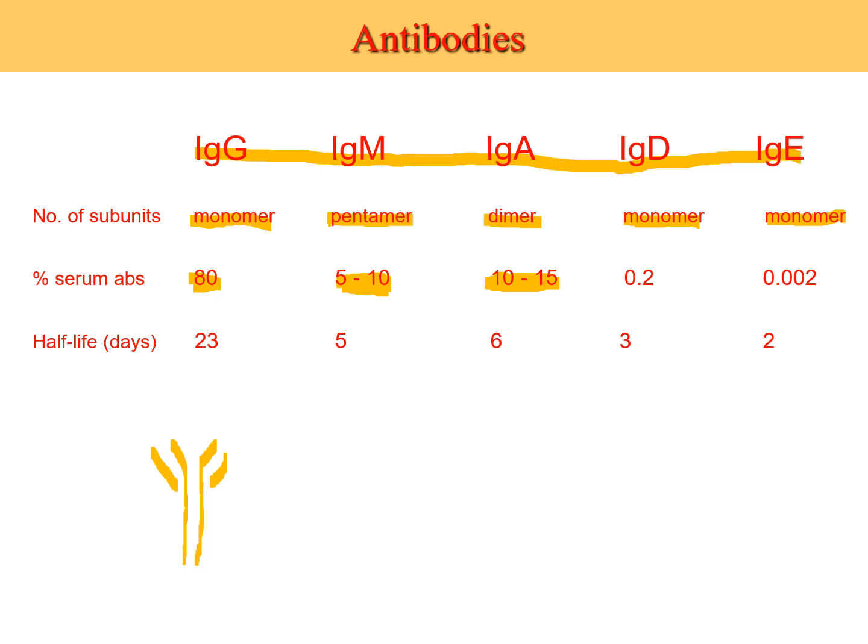But initially, with exposure to a foreign molecule, whatever B cell can respond to that will start dividing and secreting antibody, and you'll have it in your serum. The antibody molecules are protein molecules. They have a half-life. In other words, half will be gone by 23 days. That's for IgG. So the longest lived is IgG, and the others are much shorter.